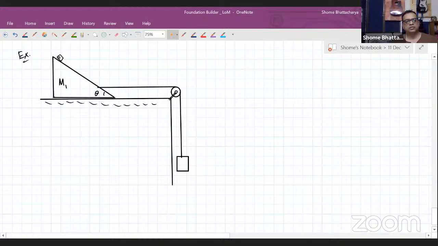Now there is a small block over here of mass m, and this is a smooth surface.